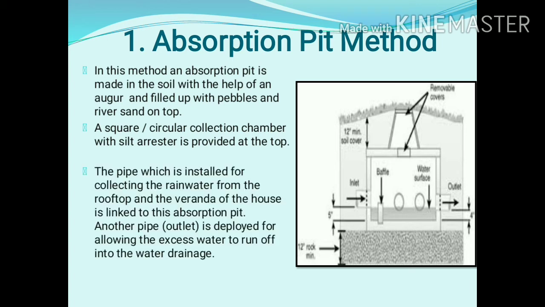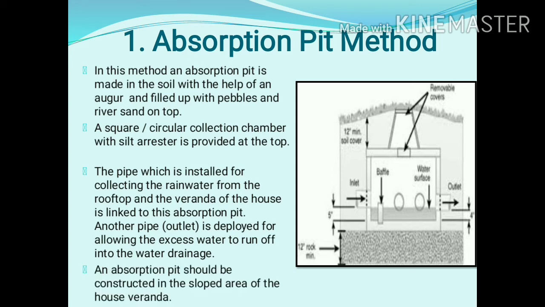The pipe, which is installed for collecting the rainwater from the rooftop and the veranda of the house, is linked to this absorption pit. This is known as the inlet pipe. Another pipe, that is the outlet pipe, is deployed for allowing the excess water to run off into the water drainage. An absorption pit should be constructed in the sloped area of the house veranda.